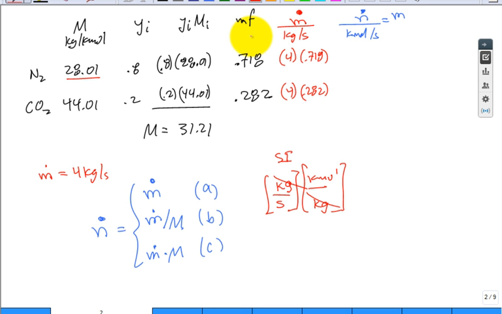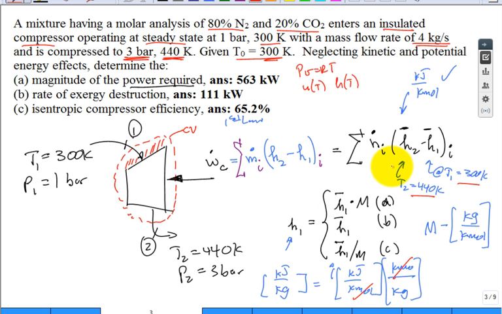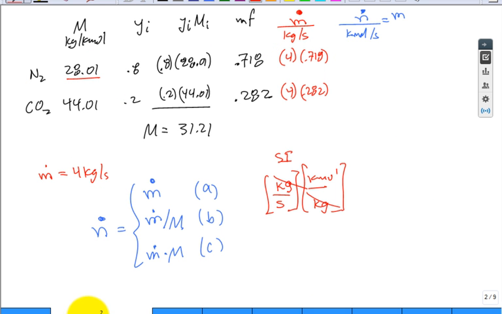So little table, little bit of work, I can get the mass flow rate, molar flow rate, whatever I like. So when I come back here, I want to maybe use this form or this form. Either way works. If I go back here, I calculate a molar flow rate for the nitrogen of 0.1025 kilomoles per second, and for the carbon dioxide, 0.0256.